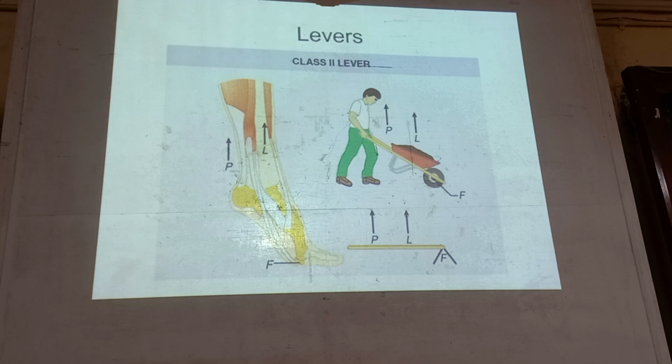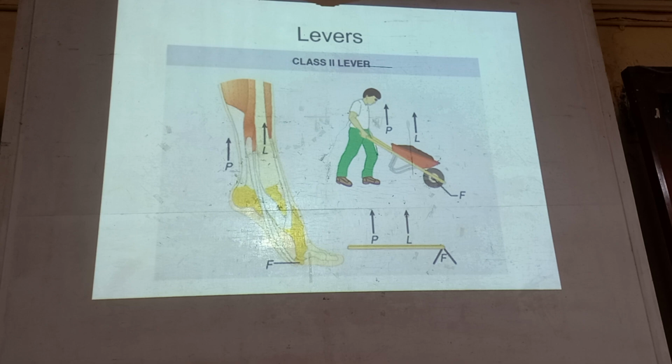Another type of lever is called a class 2 lever. Here, the fulcrum is at one end, the load is in between, and the power or the effort is at the other end. The diagram shown here is a wheelbarrow, but another diagram which is easier to understand is a nutcracker.